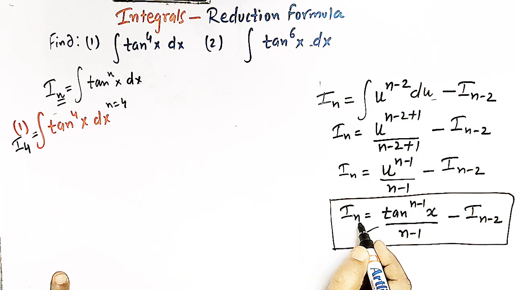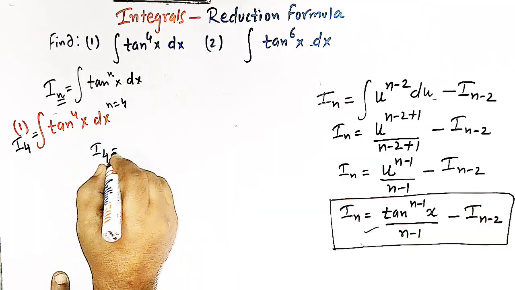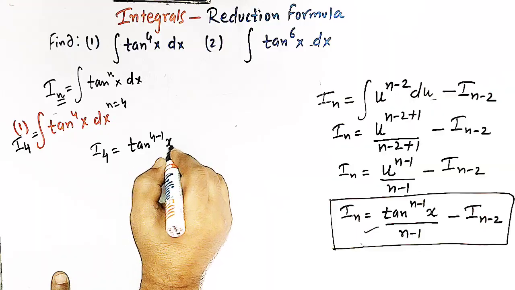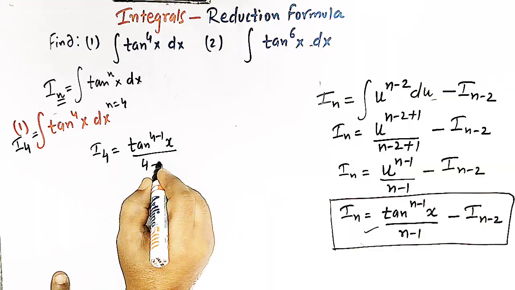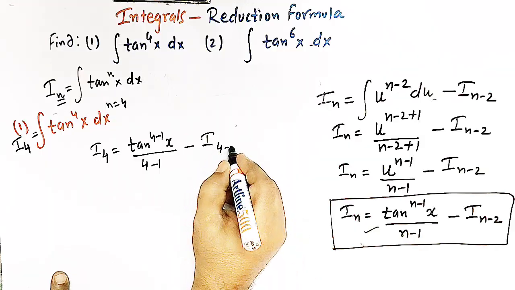So taking n is equal to 4 in this result, we have I 4 is given by tan 4 minus 1 x, and here we have 4 minus 1, and here we have I 4 minus 2.